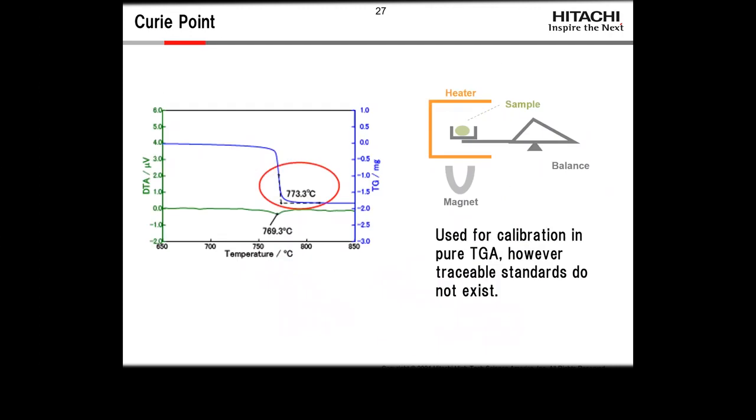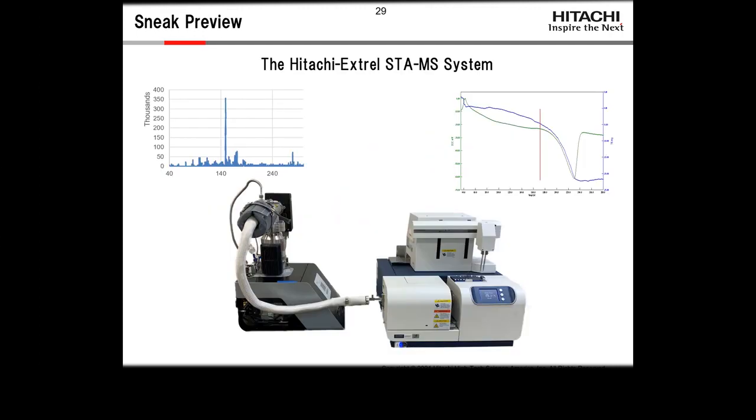Sneak preview. One way to improve your accuracy even more is to hook a mass spec up to the back of it. This is an example of our Next STA hooked to an Extrel mass spec, and that allows us to look at the weight loss from this.